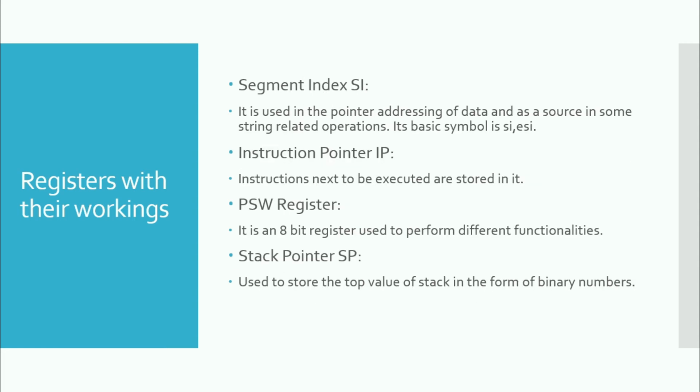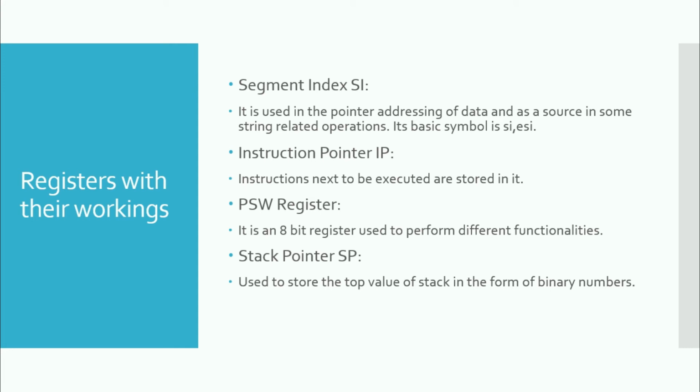Okay. Next we have the source index. It is used in the pointer addressing of data and as a source in some string related operations. Its basic symbols are SI, ESI. While displaying a string on screen, we can use this register.